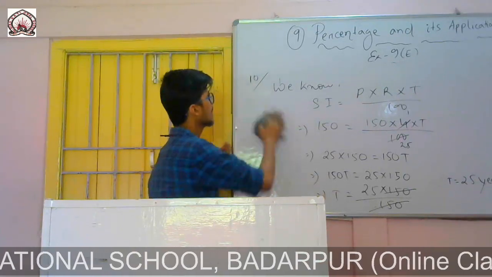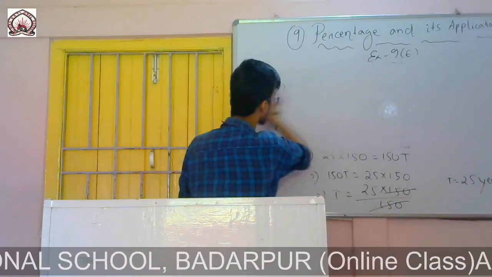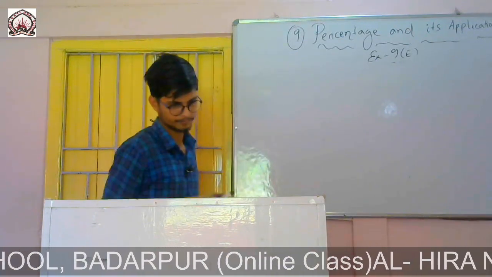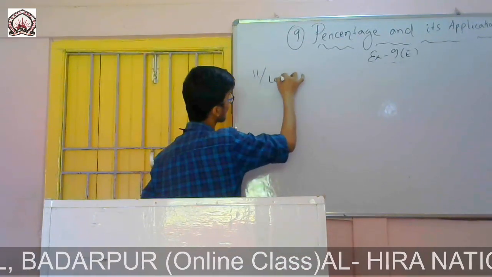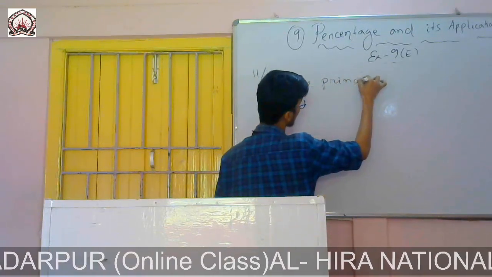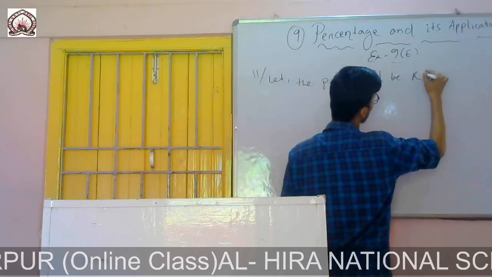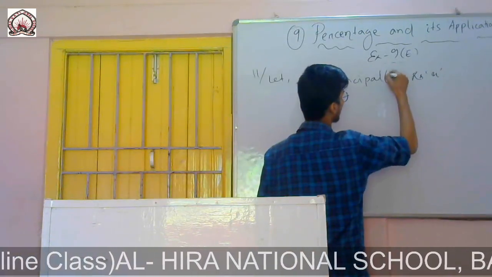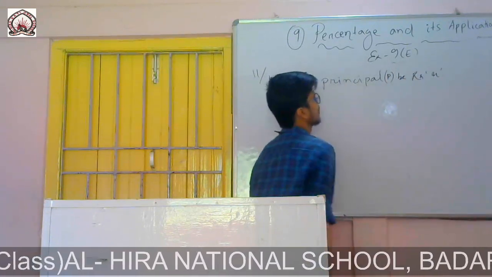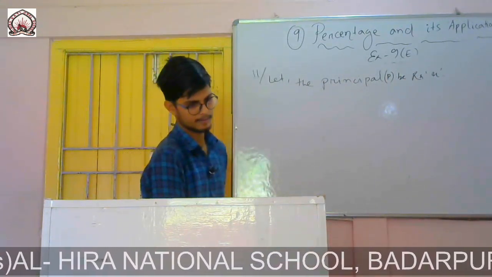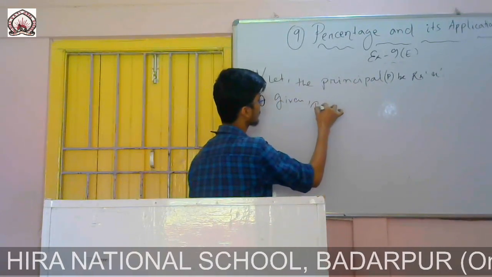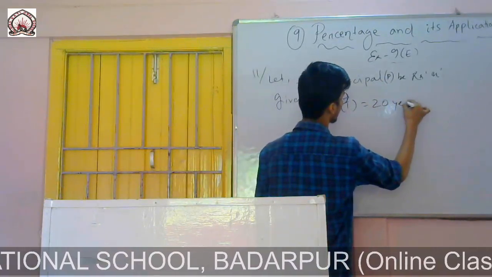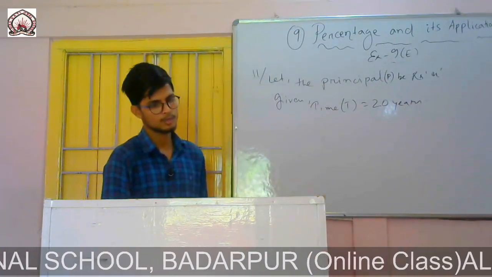So I will let the principal be rupees X. We write principal as P. So let the principal P be rupees X, given time T equals 20 years.